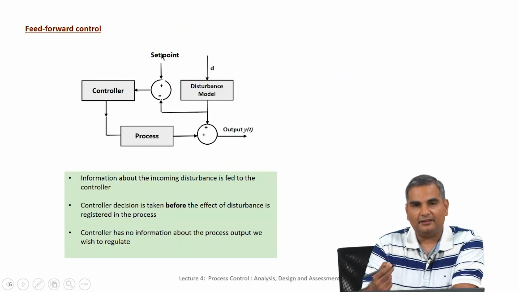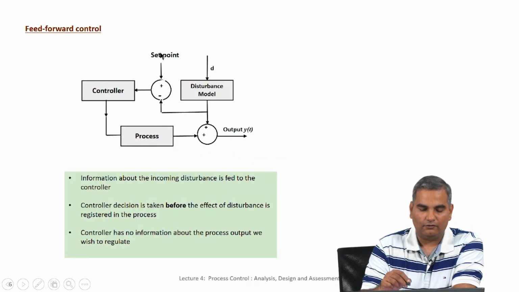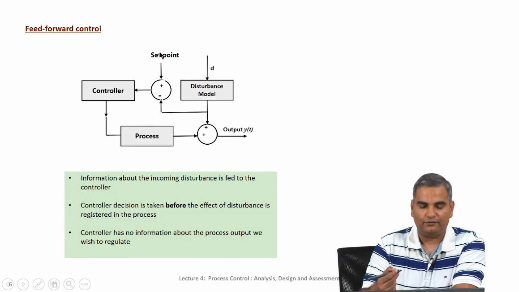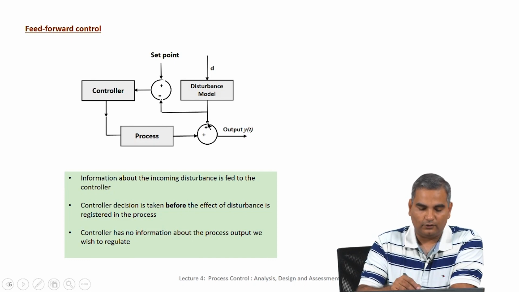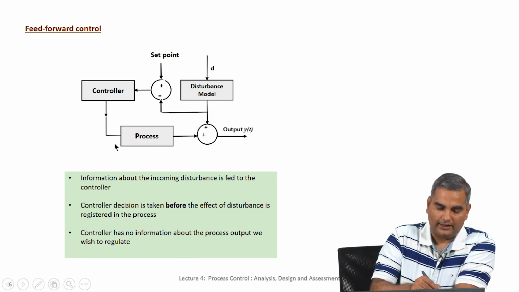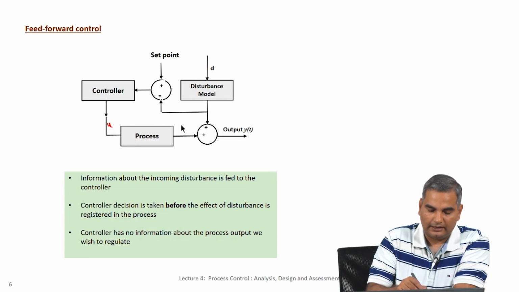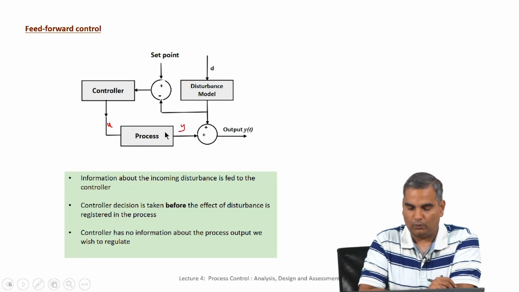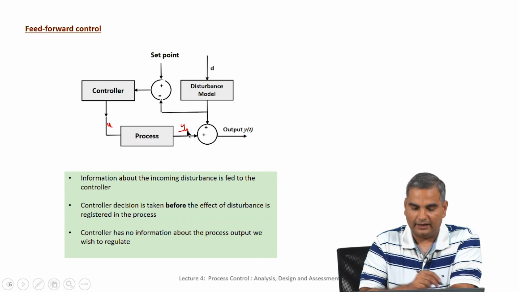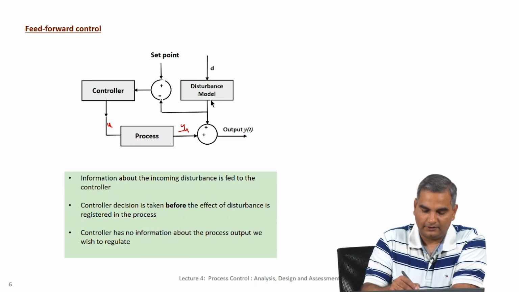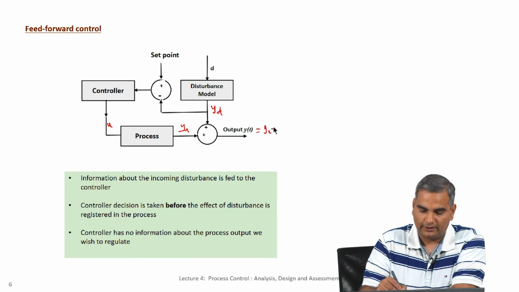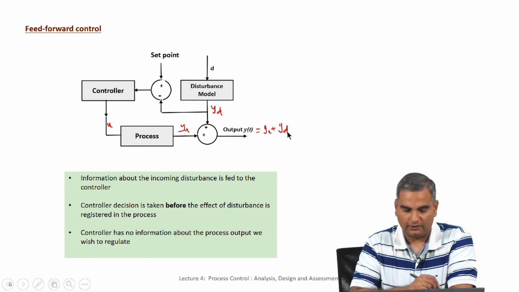Now, there is another type of controller which is what is called a feed forward controller. So, in this case look at this diagram right here. As before I have u from the controller coming into the process, and then I have an output y u, and then I have, let us say, disturbance y d. So, this output is y u plus y d, as we have been saying in all these lectures.